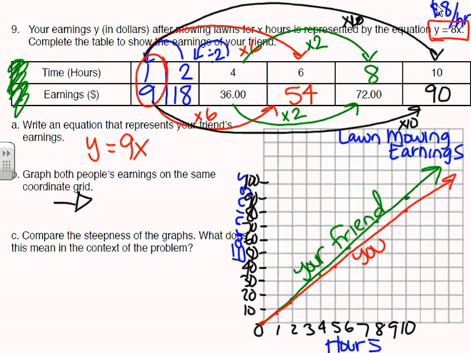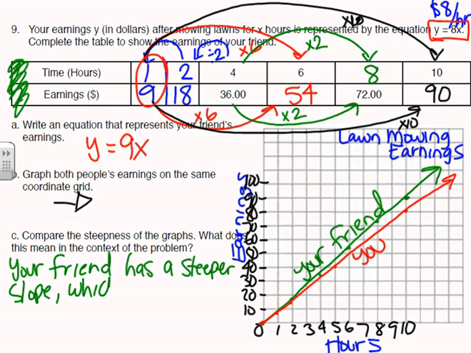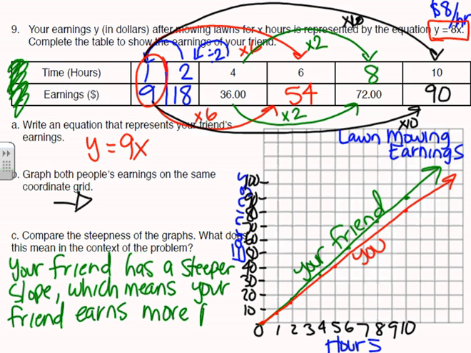So we would say your friend has a steeper slope, which means your friend earns more per hour. We can confirm that because your friend earned $9 an hour and you only earned $8. So $9 per hour versus your rate of $8 per hour.